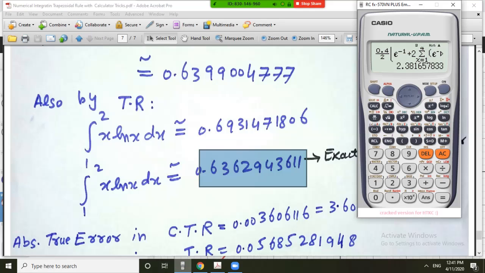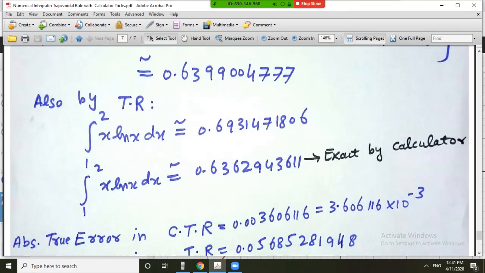Please also note that we can also find the exact value by calculator like this, the integral from 1 to 2 of x natural log of x, 0.63629.